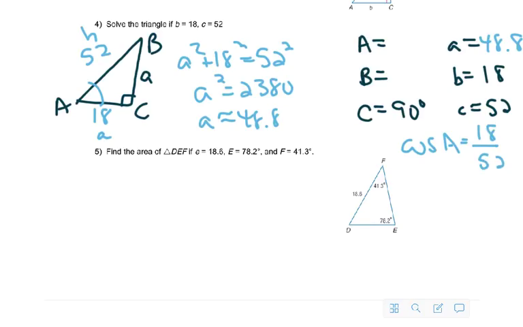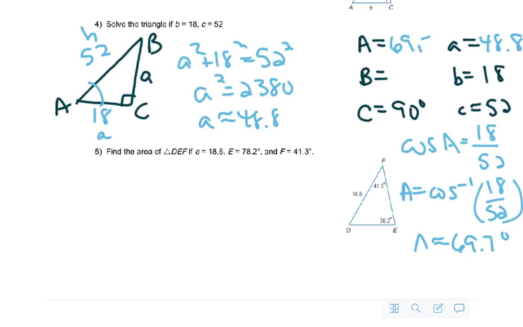So in order to find angle A, we're going to do an inverse cosine. So the inverse cosine of 18 over 52 is about 69.7 degrees.